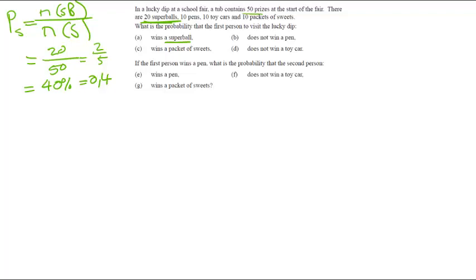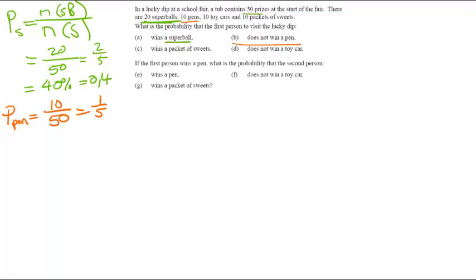Next question, what is the probability that you do not win a pen? So the probability of getting a pen is going to be equal to 10 pens out of 50 options, or 1 over 5.